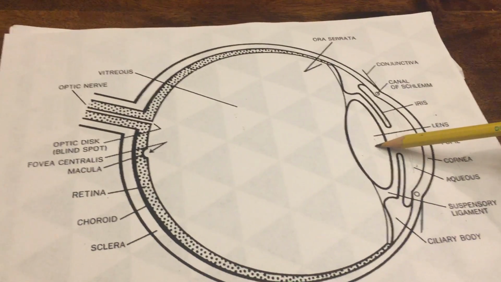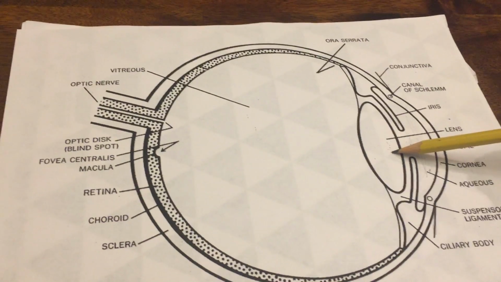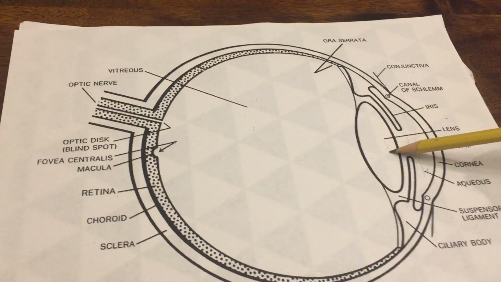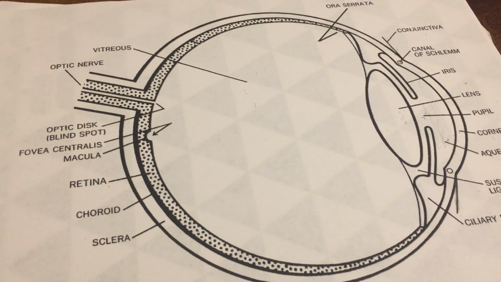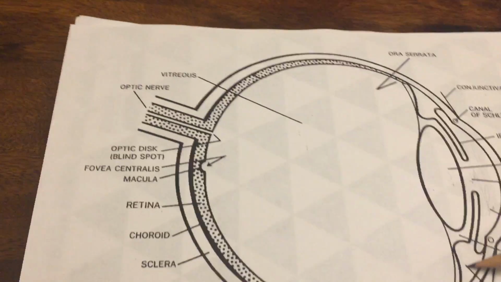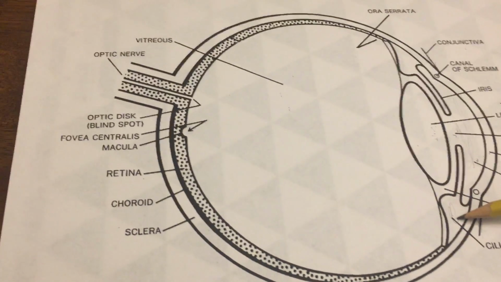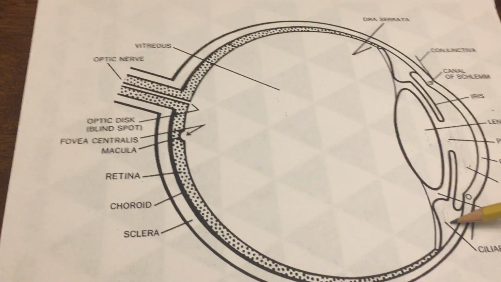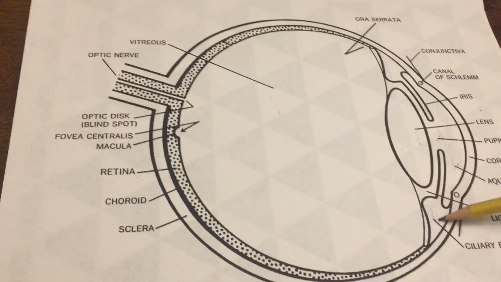This is also the part of the eye where cataracts tend to develop. And then let's go to the ciliary body right here. This is where we're going to go. This controls focus of the eye by causing the lens to change shapes.